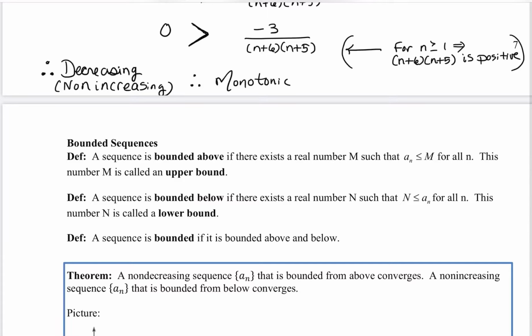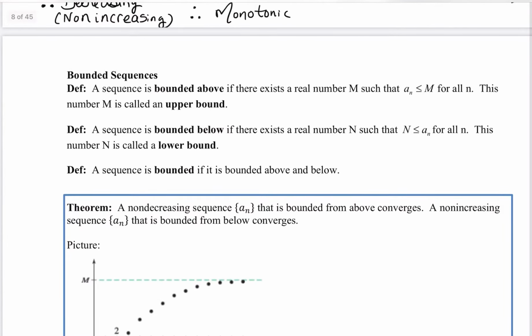So, a sequence is bounded above if there is, pretty intuitively, a real number that is greater than or equal to all the terms in the sequence. It's bounded below if there's a real number that's less than or equal to all the terms in the sequence. And it's just generally called bounded if it's bounded above and below. So what we have here is a theorem that basically says if you combine monotonic with its corresponding bounded behavior, then we can conclude that it converges.